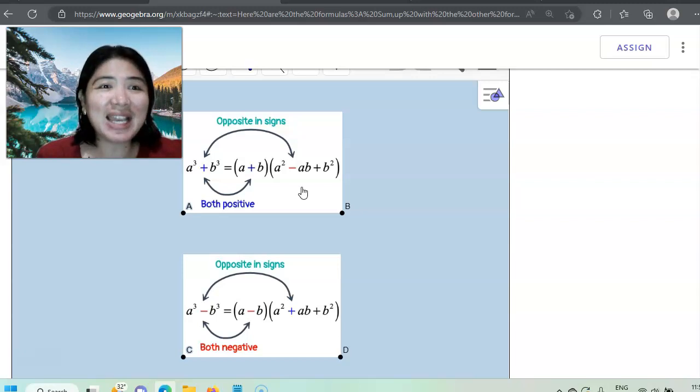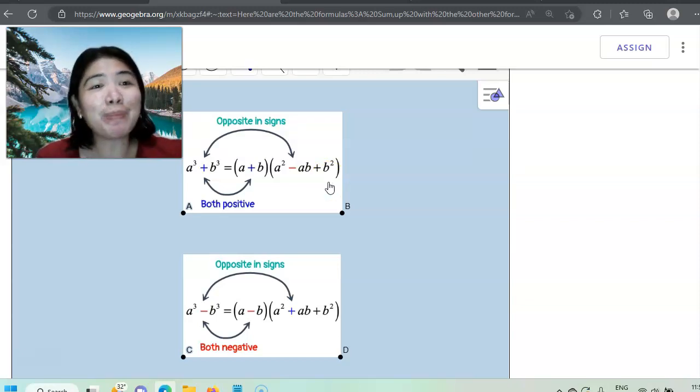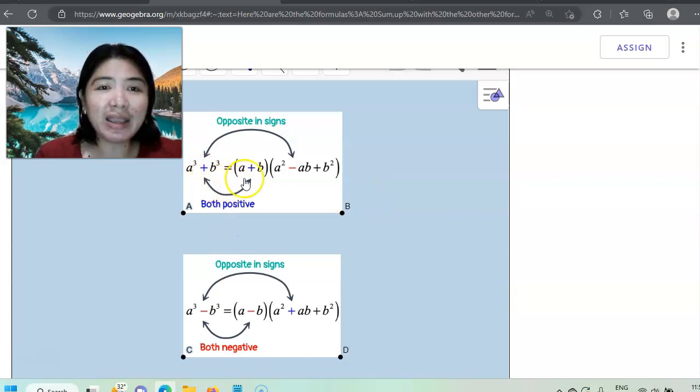So the sign of the second term in the trinomial factor will be negative. And then the sign of the third term of the trinomial factor will always be positive. AP, always positive. So chant with me. So we have same sign, opposite sign, always positive.